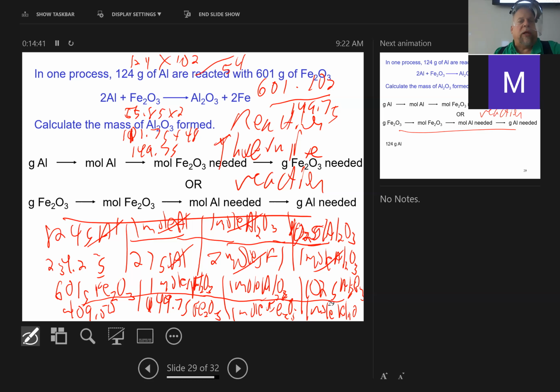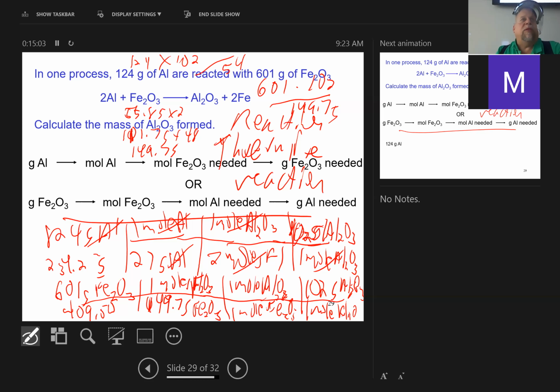Okay, so which gives you less product? The aluminum. So which is the limiting reactant? The aluminum is, okay? So essentially you went through the same process twice.